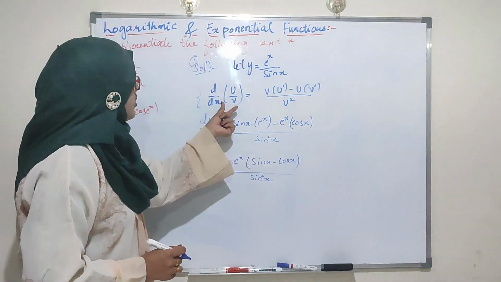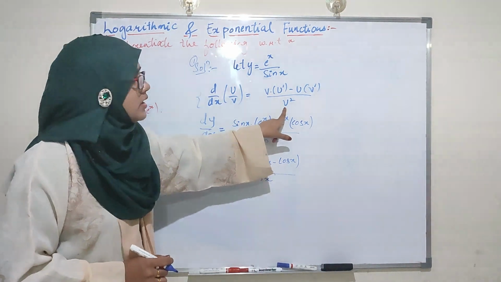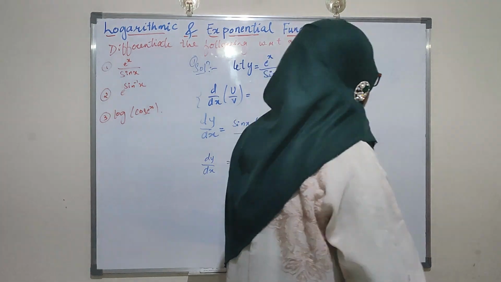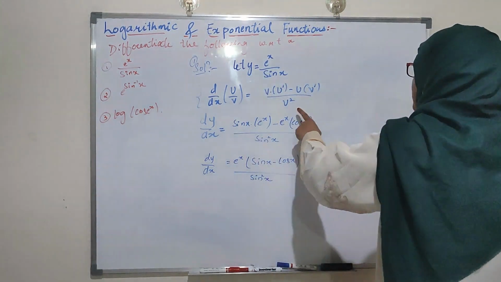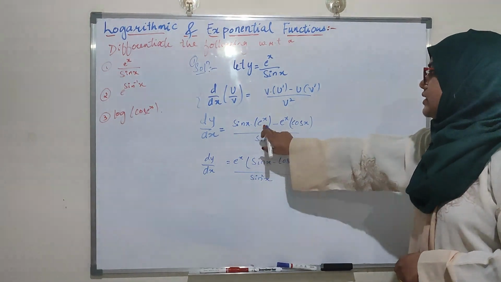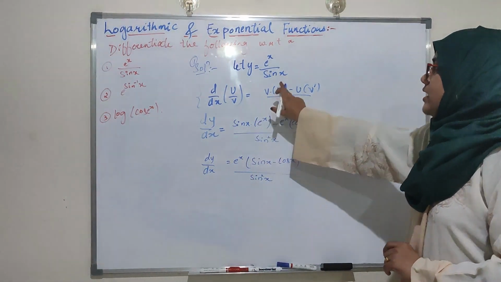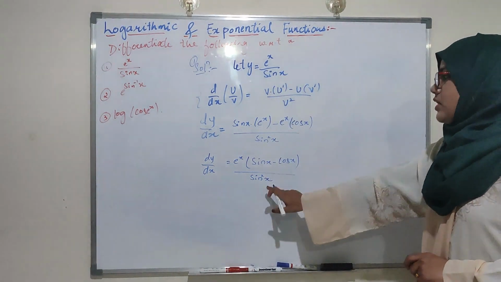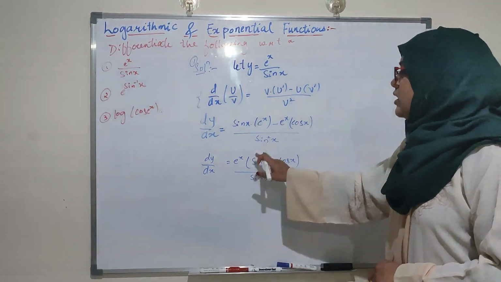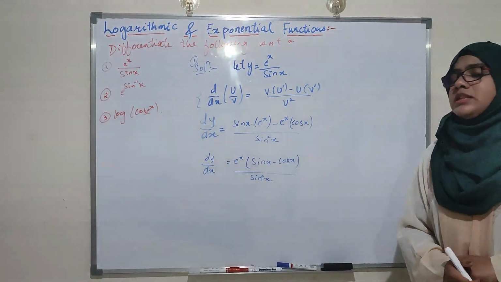In the quotient rule, the differentiation of u by v is: keep v as it is, differentiation of first, minus u as it is, differentiation of second, whole divided by v square. Here v is sin x, u is e raised to x. The differentiation of e raised to x is the same, e raised to x, and the differentiation of sin x is cos x. So after differentiation we got e raised to x into (sin x minus cos x), whole divided by sin square of x.